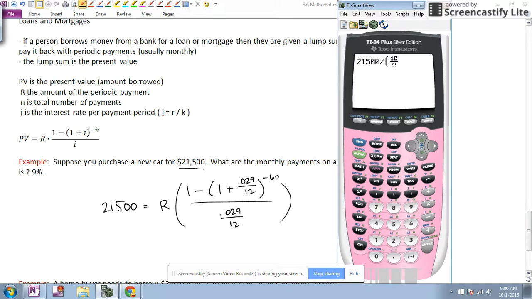So 1 minus parenthesis 1 plus 0.029 over 12 to the negative 60. Make sure you use the negative button. All over 0.029 over 12. And then if you want, you can close your parenthesis, but no need to, but I will.